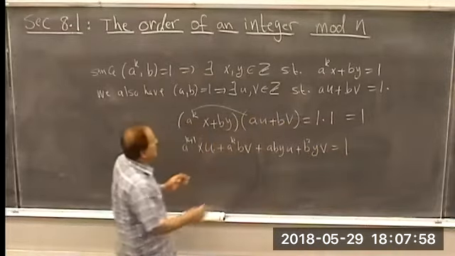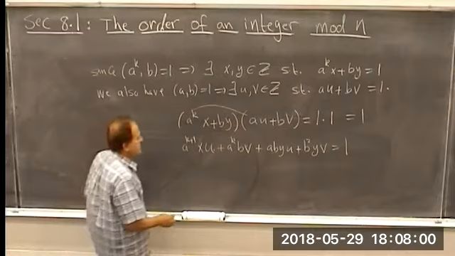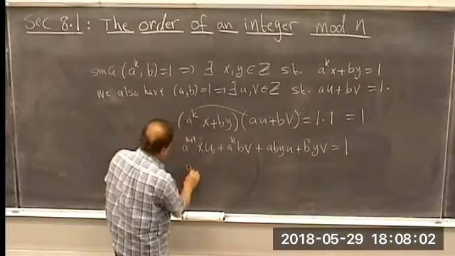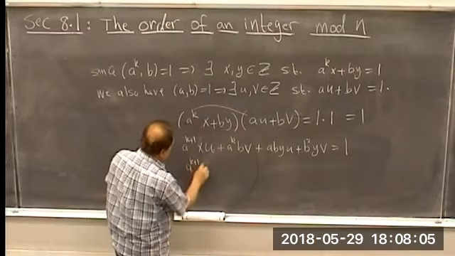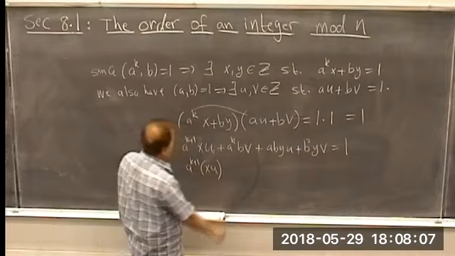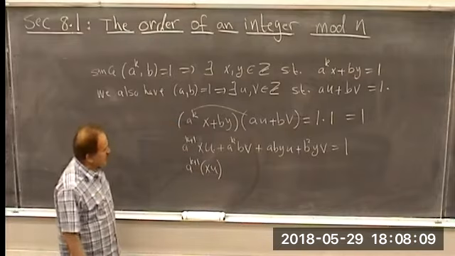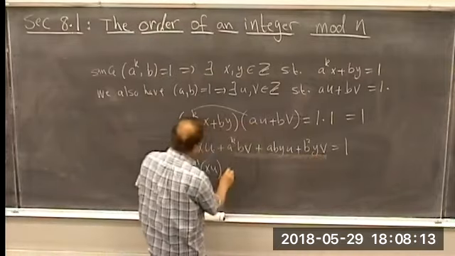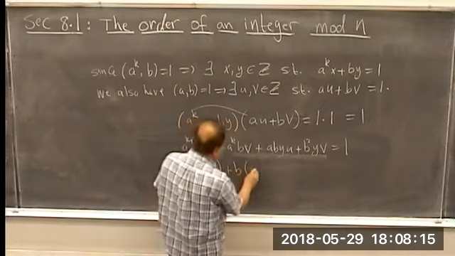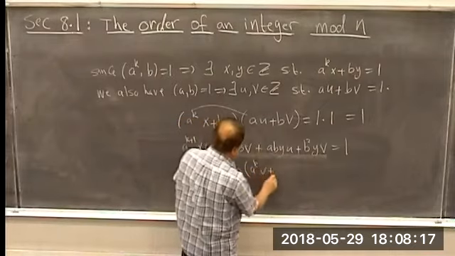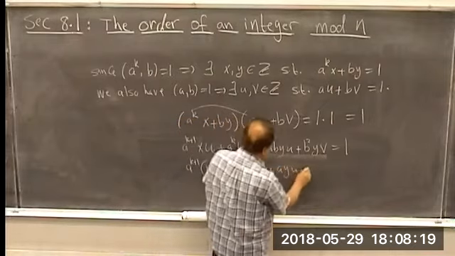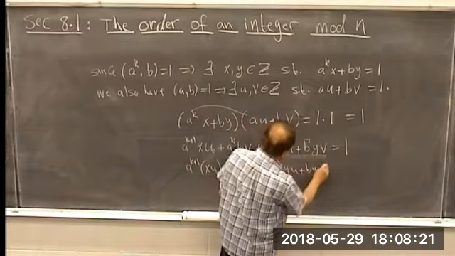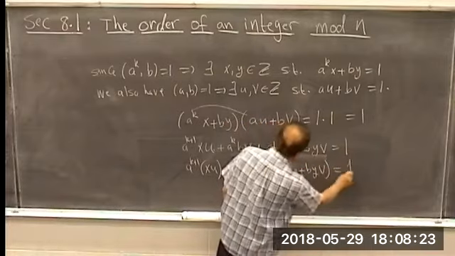So all we have to do is rearrange this so that we have a multiple of A to the k plus 1, and everything else in here I want to make a multiple of B. So this is A to the k plus 1 x u plus B times (A to the k v plus A y u plus B y v). This is 1.